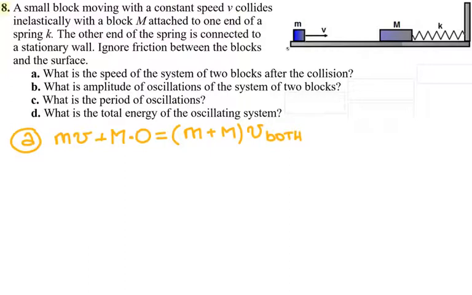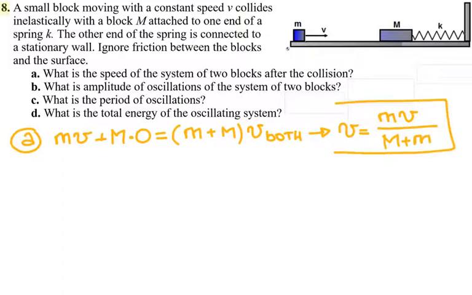So I can solve for the velocity of both. Let me call that velocity just v, so I don't have to write both every single time. So I have mv divided by m plus m. This is my expression for part A.